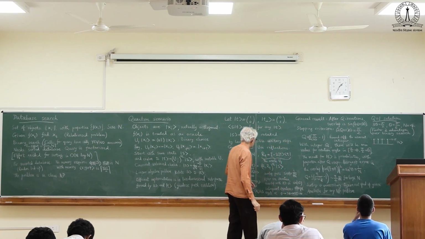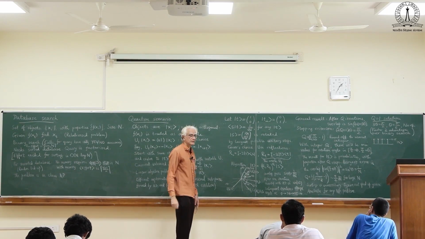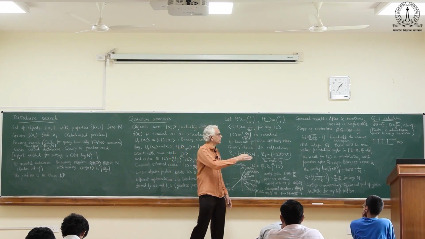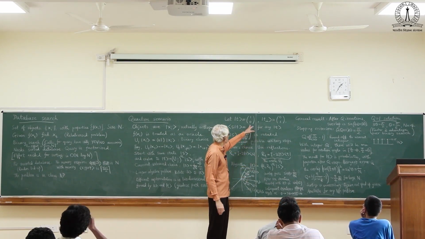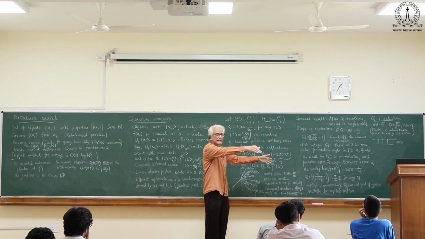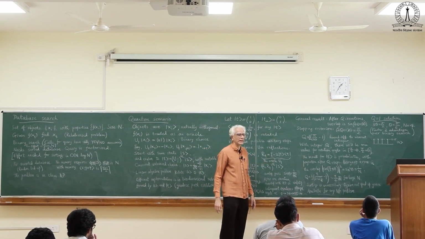What is the amplitude? 1 by root n, which is half. 4 vectors, they are treated as some labels, and here the space, I'm just writing it in a simple-minded notation as 4 amplitudes.